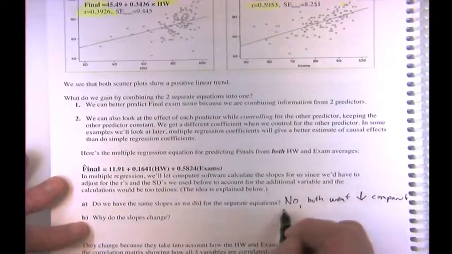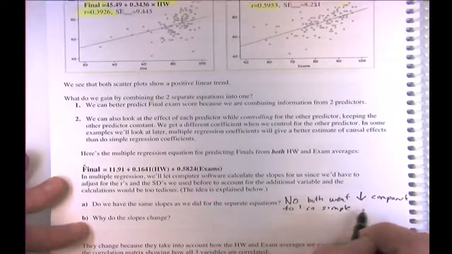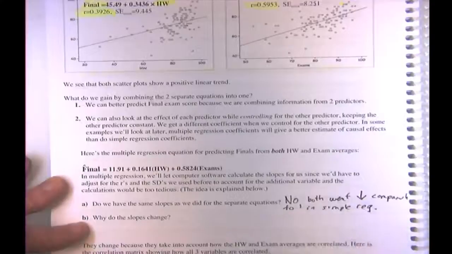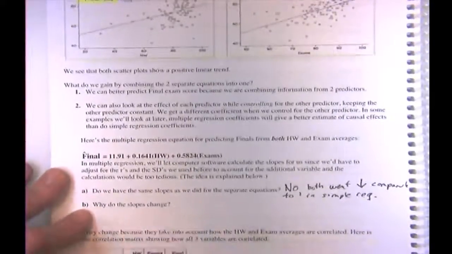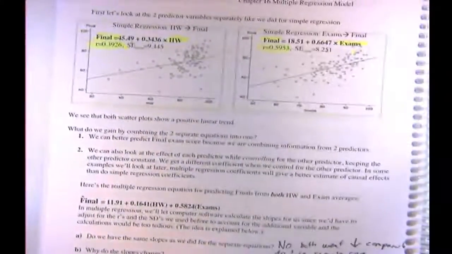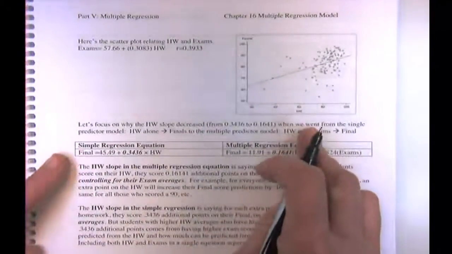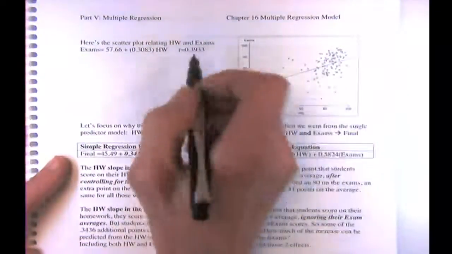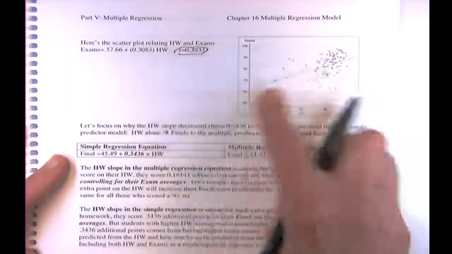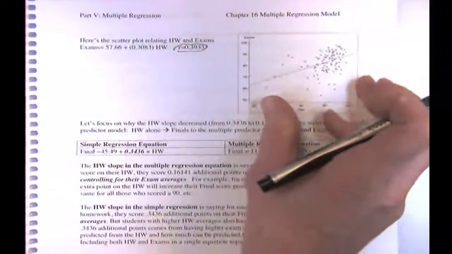Compared to the simple regression, why did the slopes change? Well, the key to that is looking at the next page here, at that third graph, how homework and exams are related. They are correlated. Homework and exams have a correlation too.